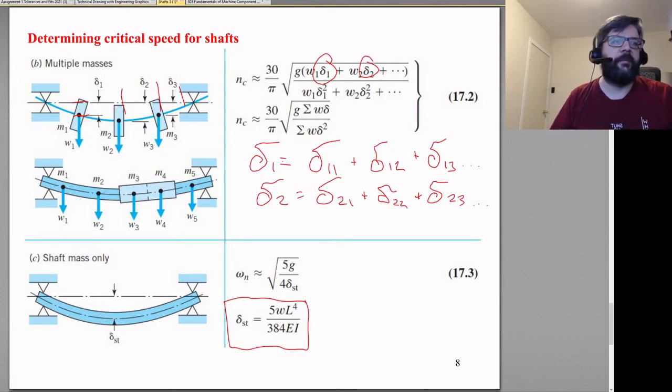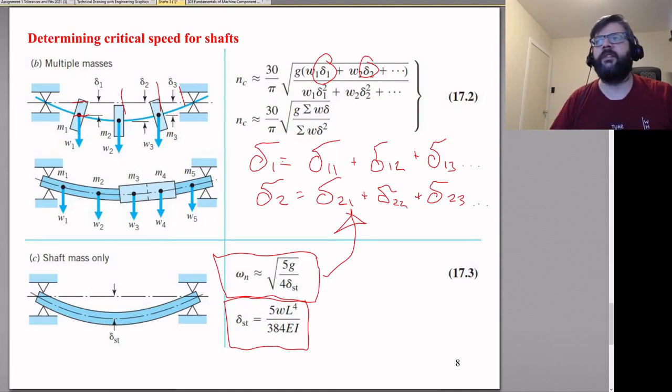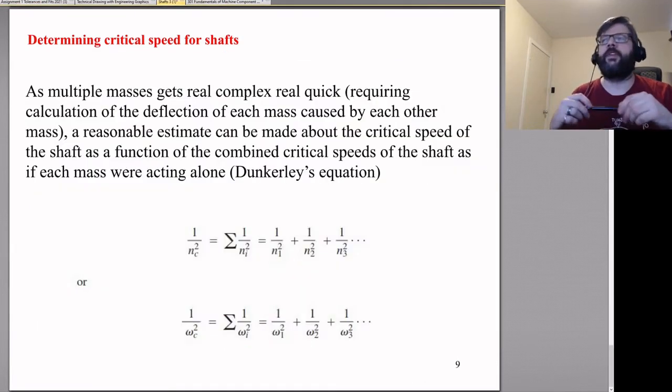And realistically, this formula is basically treating the shaft as an infinite series of tiny little slices. So again, when we do get multiple masses, it gets complex real quick, which can be quite annoying.